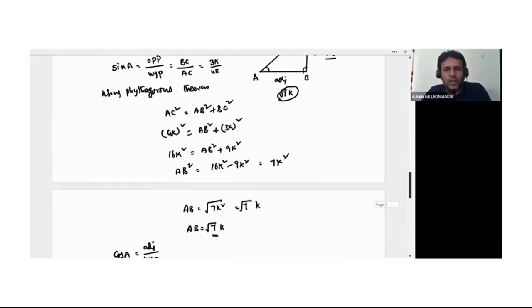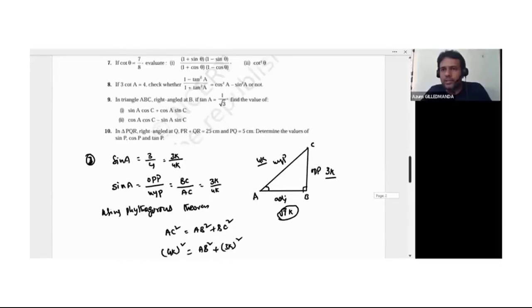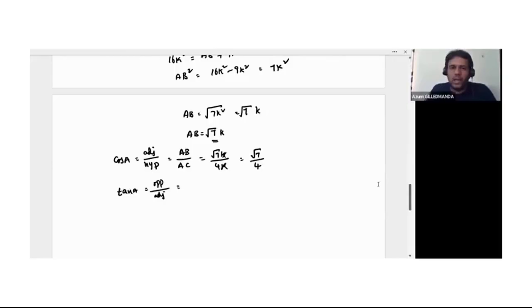And similarly, we need to find tan A. So what is tan A? Tan A is opposite by adjacent. So what is the opposite side here in this triangle? Yeah, we need to refer back to the triangle always, because the opposite side in this triangle is BC by AB. BC is the opposite side and AB is the adjacent side.